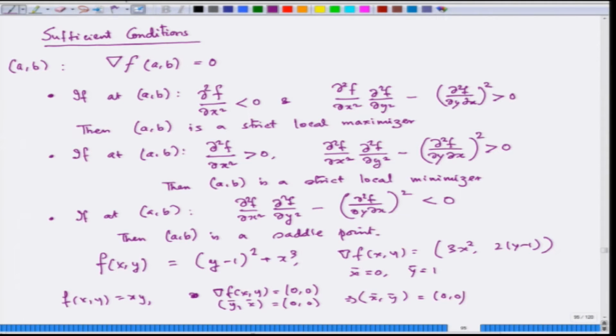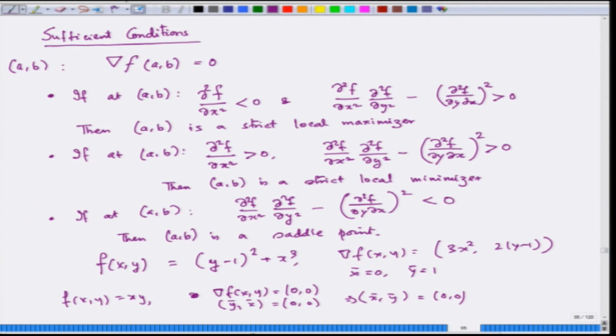Now what would happen if I put x equal to 0? If you draw this graph, it is a slightly strange graph, and you can see the picture in Thomas's calculus. You will observe that at the point (0, 0), if I put x equal to 0, then the function becomes the zero function, so it is trivially maximized at 0, but it is also minimized.